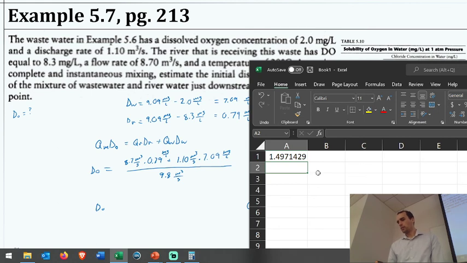That should give us our answer, and it should be okay that on the top we have milligrams per liter times cubic meters per second. Cubic meters per second is going to cancel out and we'll be left with milligrams per liter, so it should be 1.5 milligrams per liter as our initial deficit.